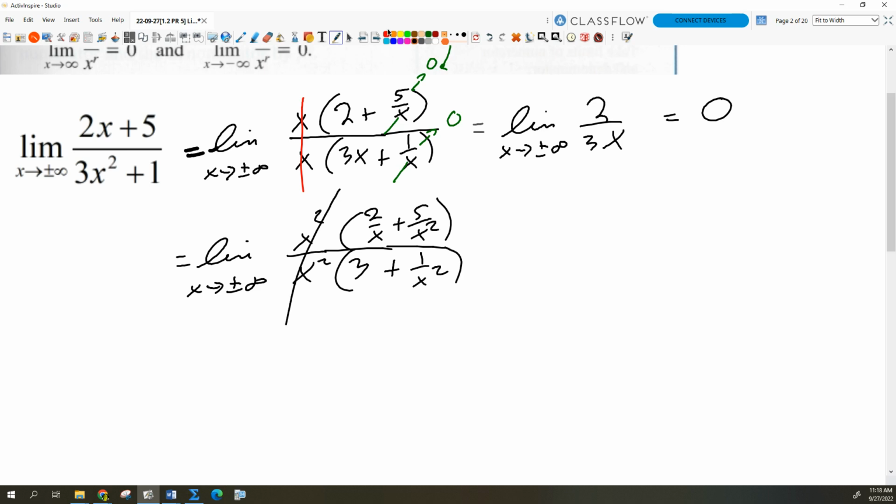Those guys cancel. And now look, every term up there except the 3 is driven to 0 in my limit, right? 0, 0, 0. Make sense?